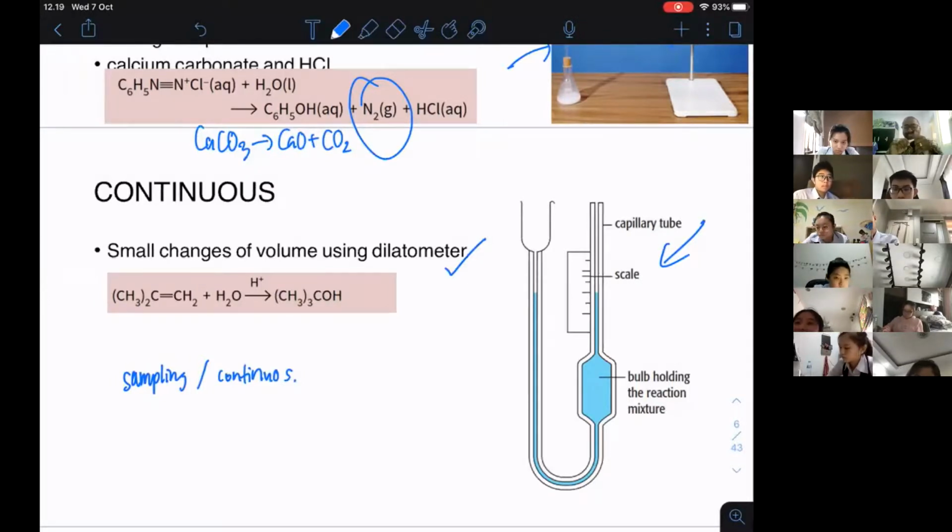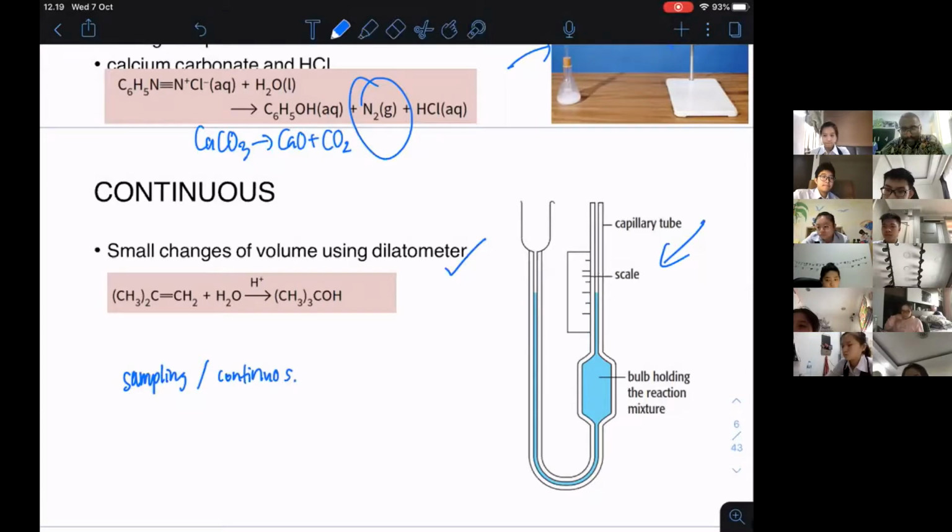No, actually we don't rely on devices. For sampling, we use chemical analysis. But an important thing about sampling, can you elaborate further? Maybe Charlton can help.